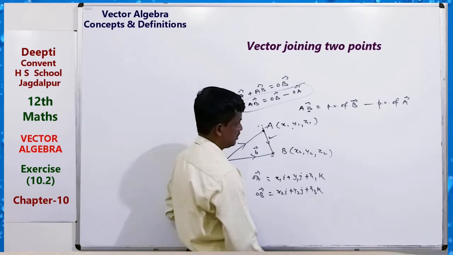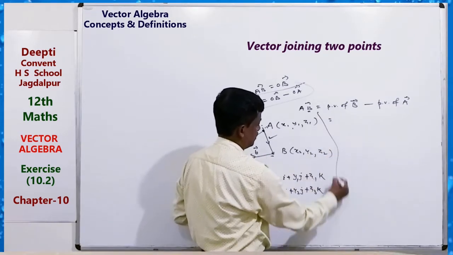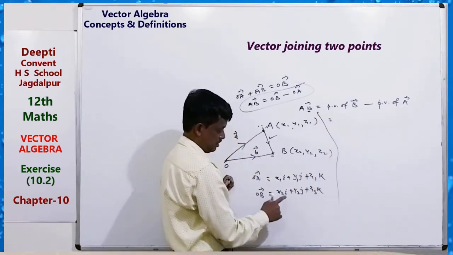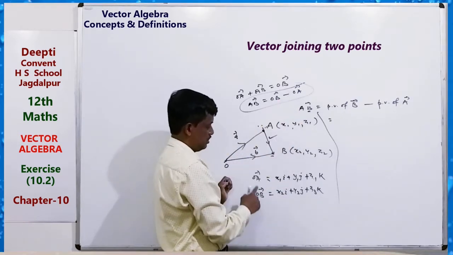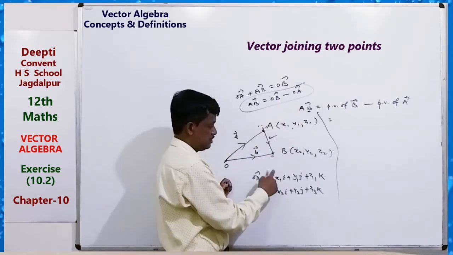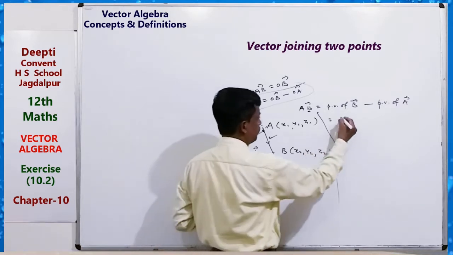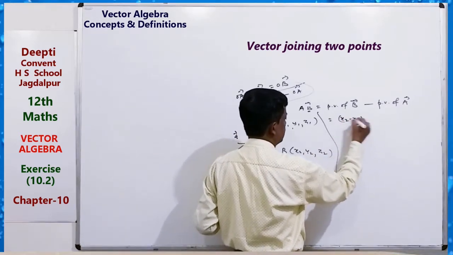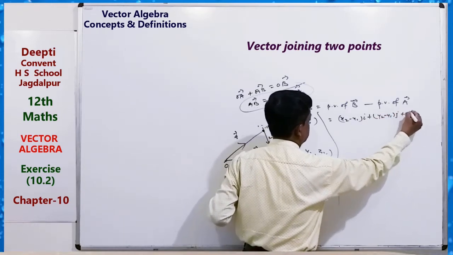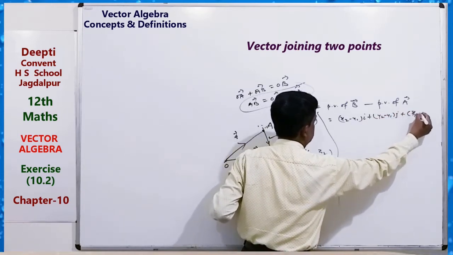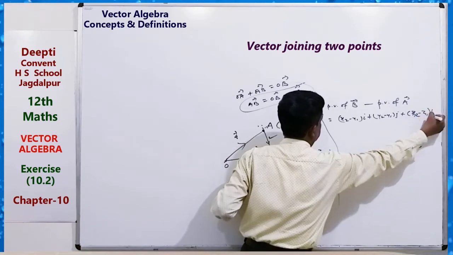That is OB minus OA, which gives (x2 minus x1) i, (y2 minus y1) j, (z2 minus z1) k.